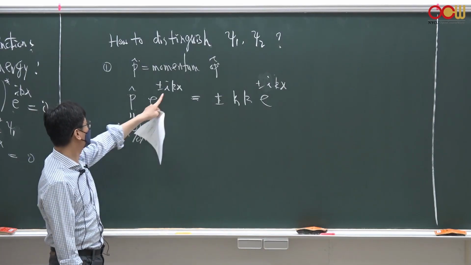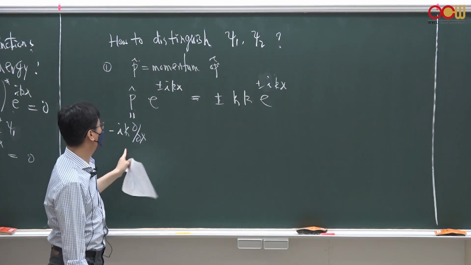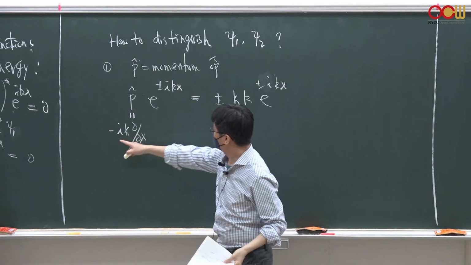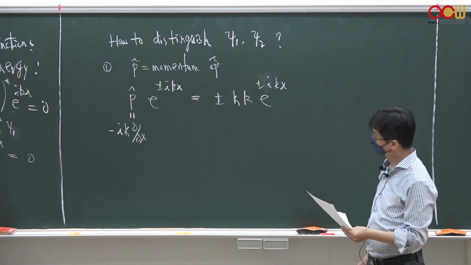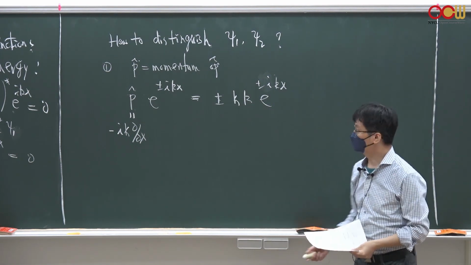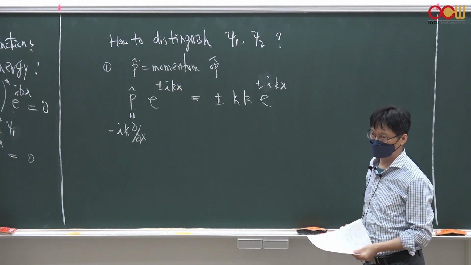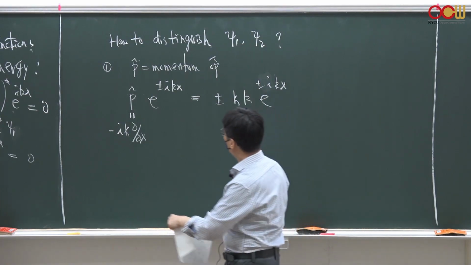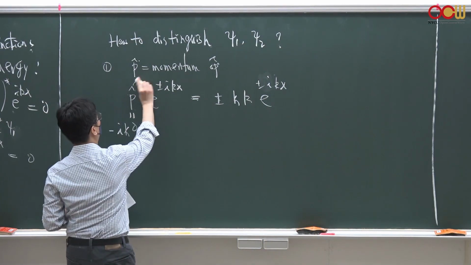You take a differentiation. It's plus, you get the plus; minus, you get the minus; and i times minus i is actually 1, so you get plus minus h bar k. In other words, we could distinguish these two degenerate states by measuring their momentum. You could take a measurement of the momentum by this operation here.